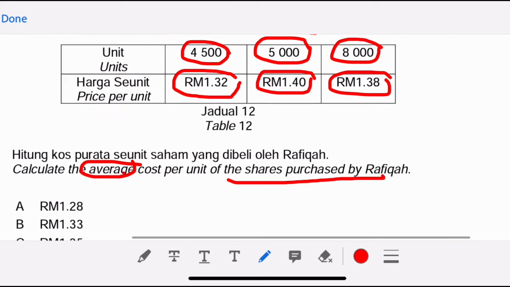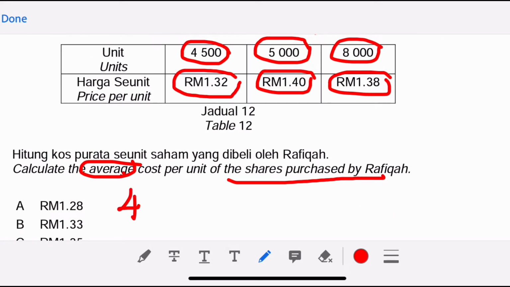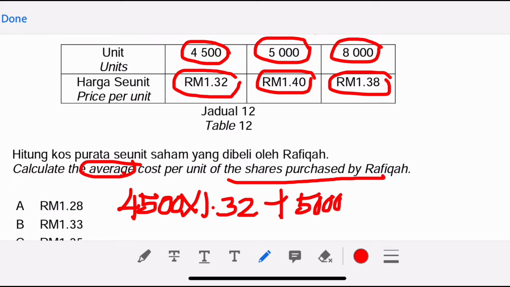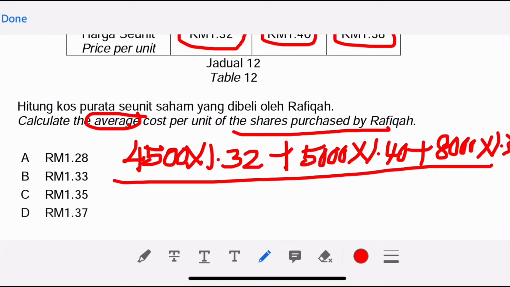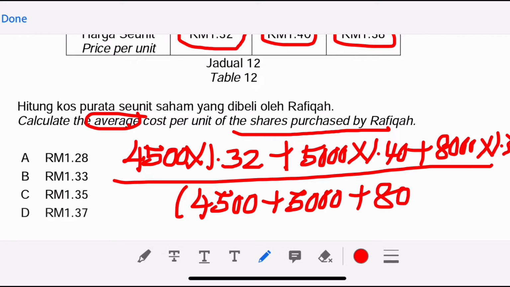So the average means we have to find the total price: 4,500 times 1 ringgit 32 cent per piece, 5,000 times 1 ringgit 40 cent per piece, and 8,000 times 1 ringgit 38 cent per piece, over the total number of shares, which are 4,500 plus 5,000 plus 8,000.